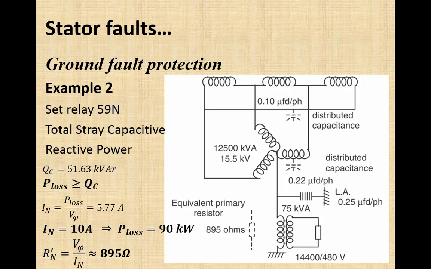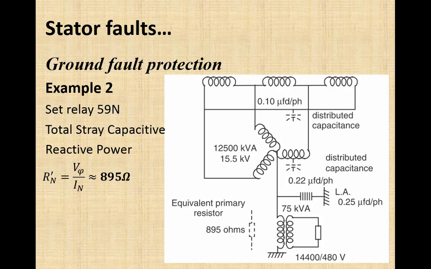But we want to insert this resistance on the secondary side of this distribution transformer, which has the voltage ratio 14.4 kilovolt to 480 volt. So we will have to transfer this Rn to the secondary side of this transformer. So that will become Rn is equal to Rn prime over A square.